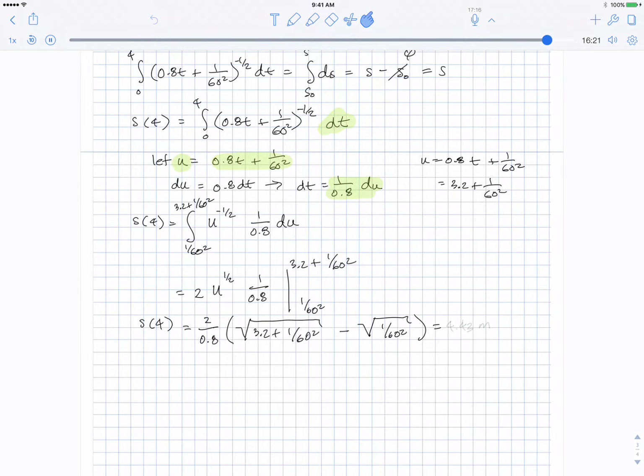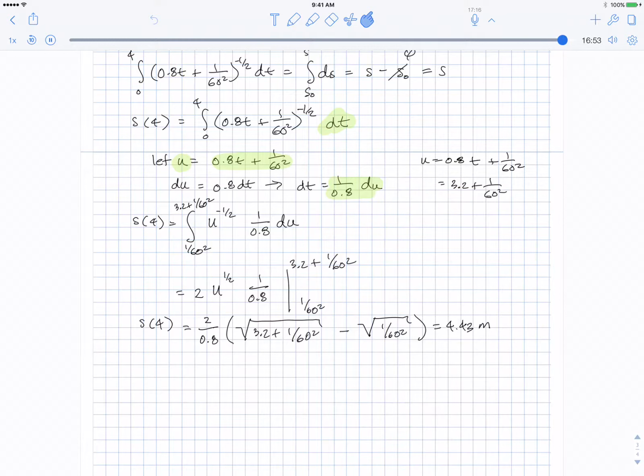Having trouble here. Square root of 60 squared, 1 over that, add 3.2 to that, take the square root. And it's 4.43 meters.